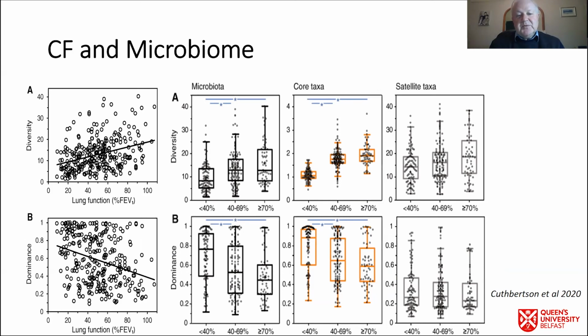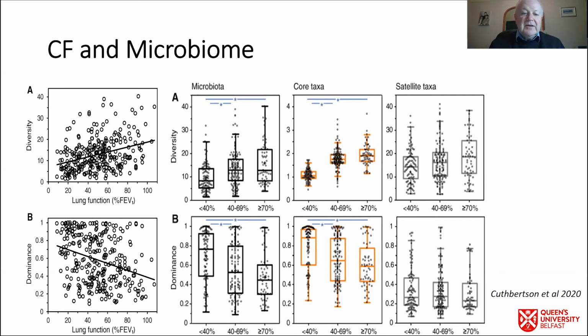But I just want to pull out this one graph which demonstrates that using the Shannon measurement of diversity, there is a correlation with lung function. And you can see on the panels beside the correlation graphs that diversity is much lower in people with FEV1 of less than 40% predicted compared to those with moderate impairment of lung function or reasonably good lung function at greater than 70% predicted.